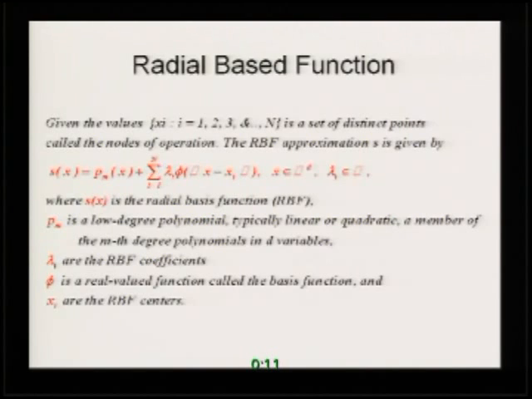Now because of that, the radial base function means that if you have n extremas, you have to solve n simultaneous equations, and it depends upon the base function that you select. And this may be nonlinear, may be cubic, may be logarithmic, may be whatever.